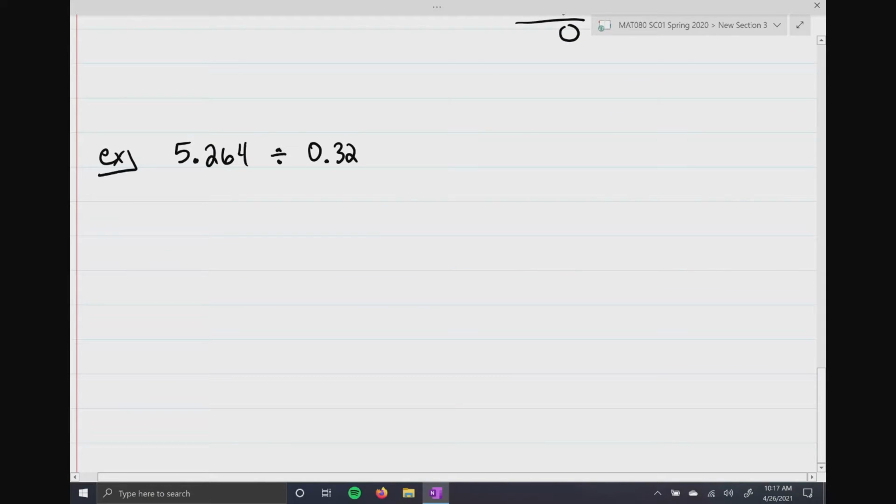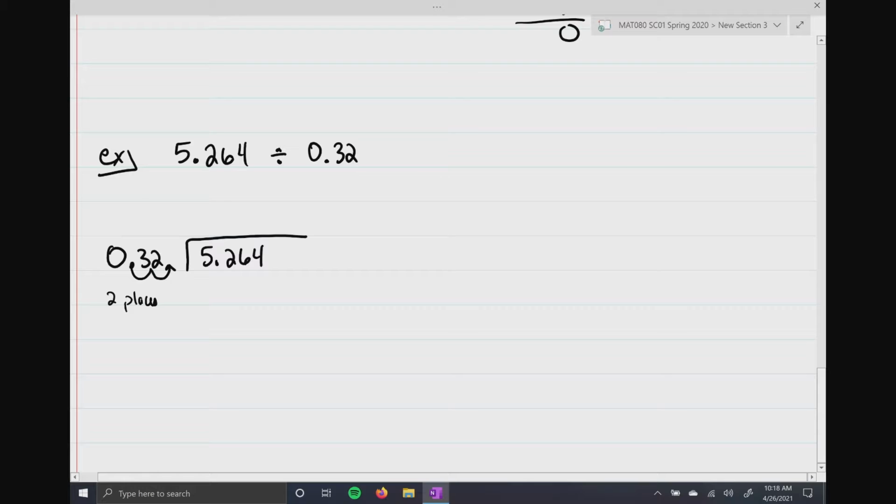So, let's set it up. 0.32 goes outside. It's my divisor. 5.264 goes inside. Now, I need to move my decimal so that the divisor is a whole number. So I need to move it 2 places to the right.